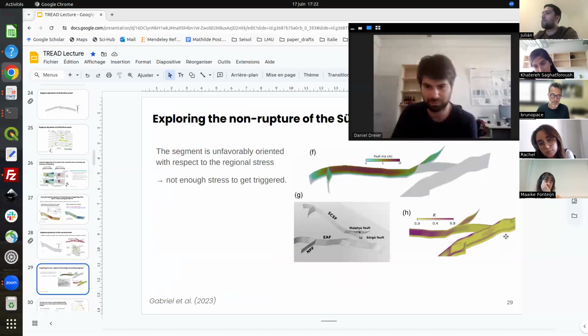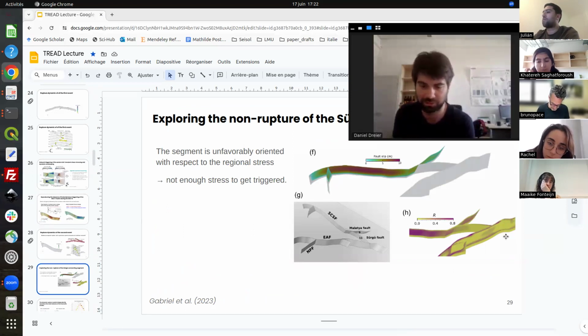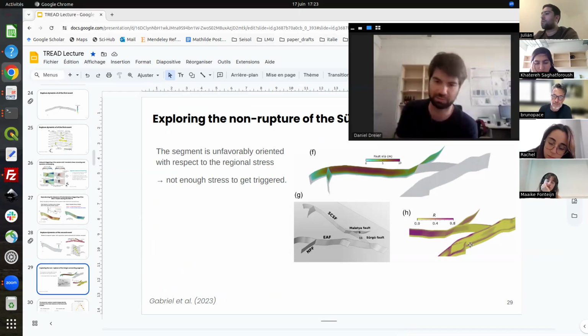Yeah, where you computed the R values in figure H. It looks weird right here on the East Anatolian fault. And also where the rupture did not propagate, there's a low R value, but it looks kind of similarly oriented to the red part where the rupture actually nucleated.